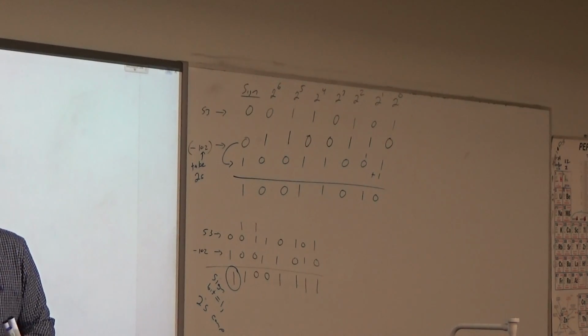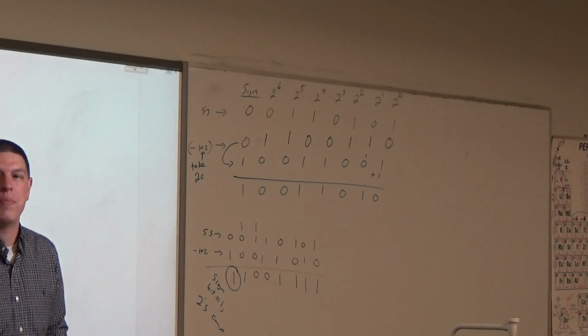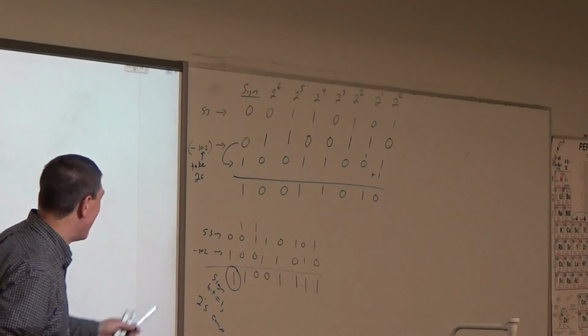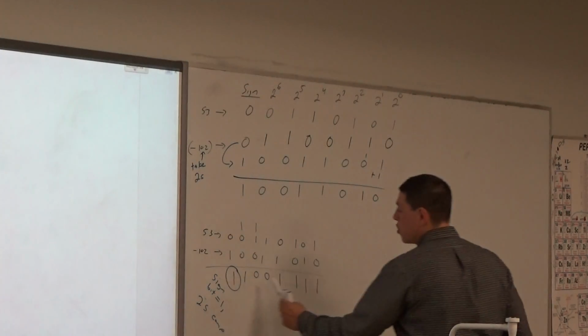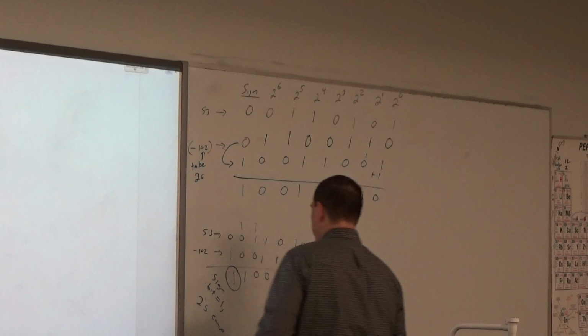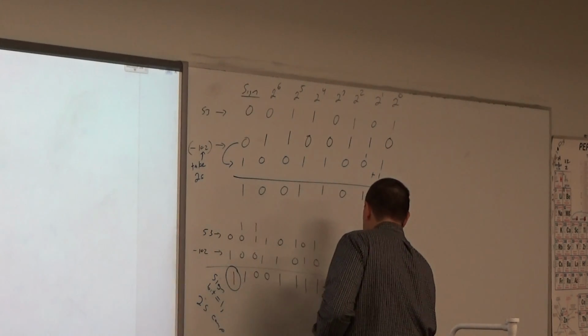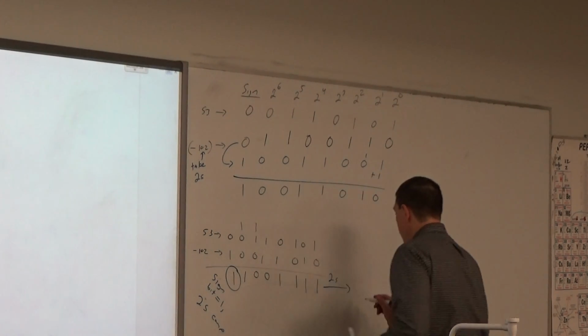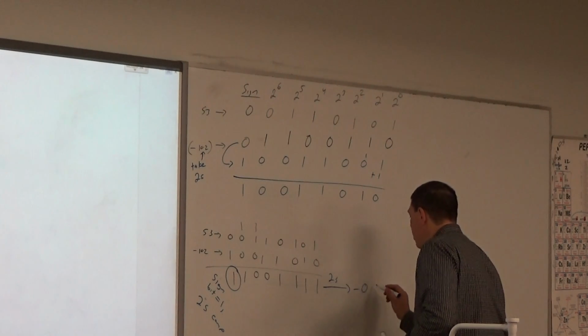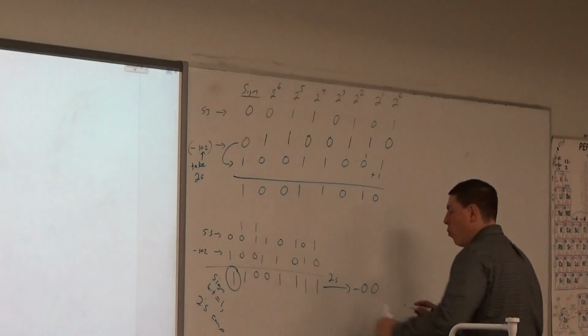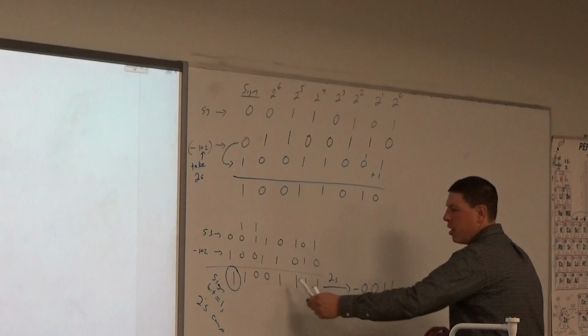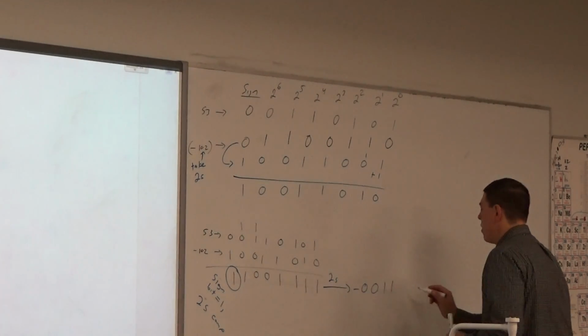And maybe this will help you to justify in your mind that it actually does work. Maybe not. So, guys, remember, take the 2's complement, and just flip the bits. So this is going to be negative 0, 0, 1, 1, 0, 0, 0, 1.